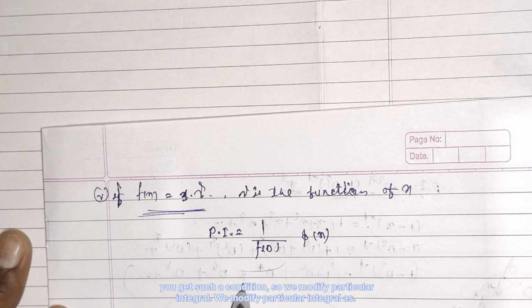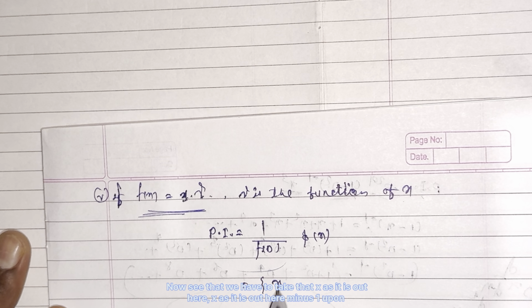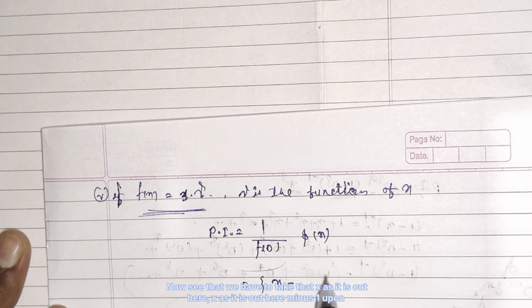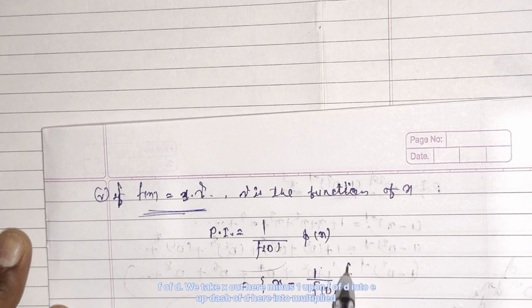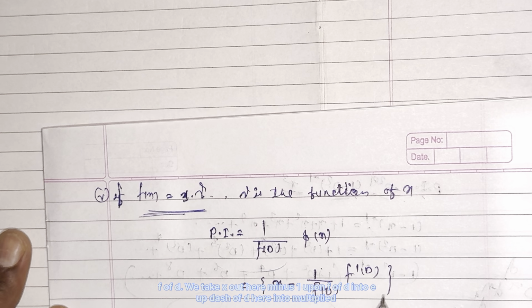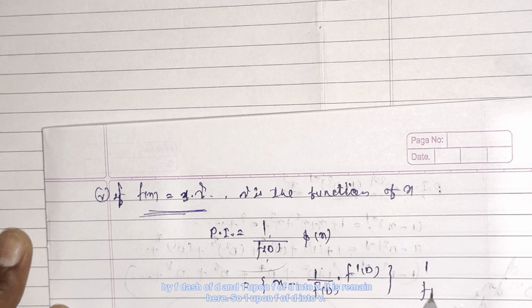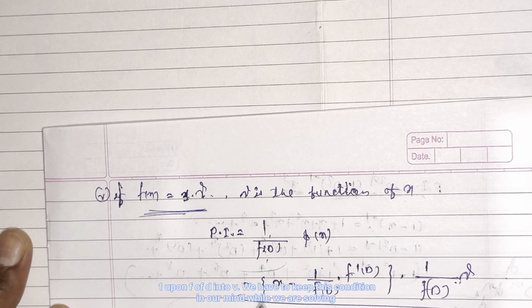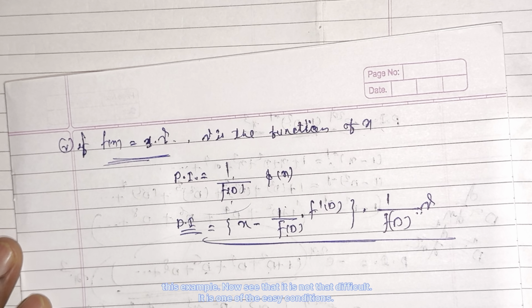We take that x as it is out here, minus 1 upon f of D into f dash of D, multiplied by 1 upon f of D into v, which remains here. We have to keep this condition in mind while solving the example. It is not that difficult, it is one of the easy conditions.